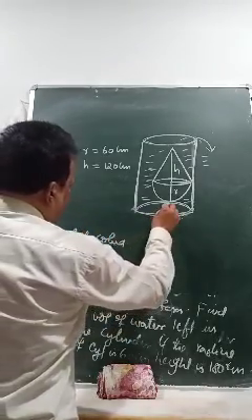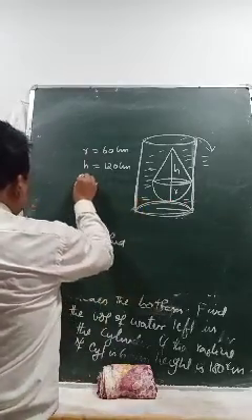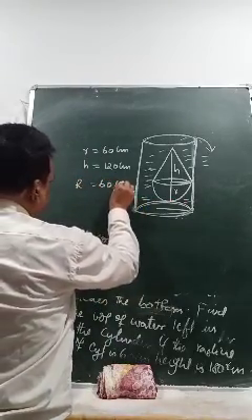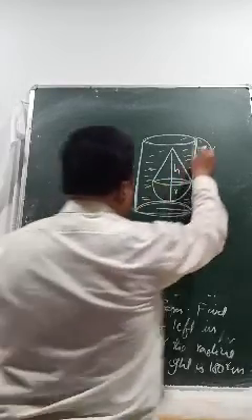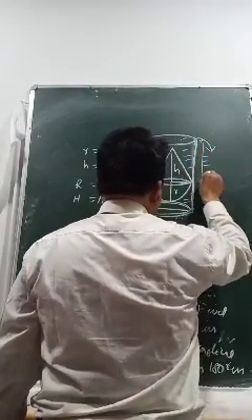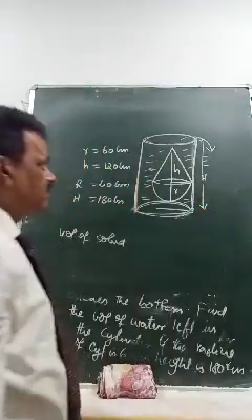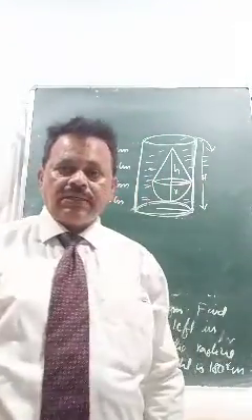And one more thing, here radius is also R, 60 centimeter, both are same, but its height is 180 centimeter. Height of the cylinder is 180.